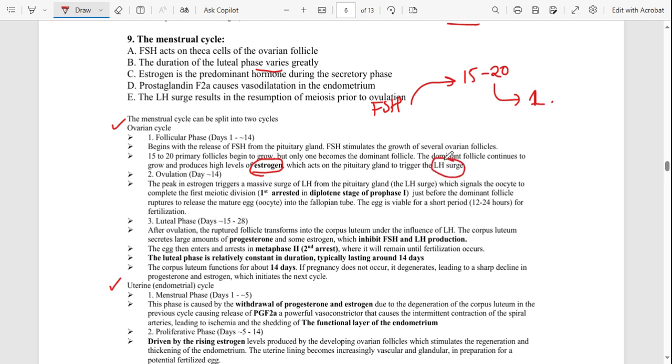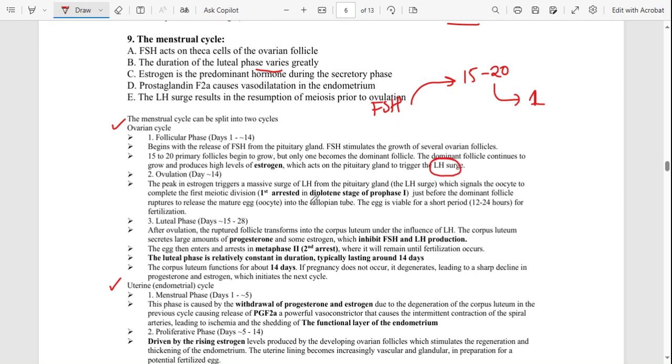And this estrogen, once it gets to be produced, is the one that is going to trigger the release of the luteinizing hormone. Where is the estrogen coming from? From the maturing follicle. Specifically from which cells? The granulosa cells. Okay. So by the 14th day, when estrogen has reached a very high point, it will cause a surge.